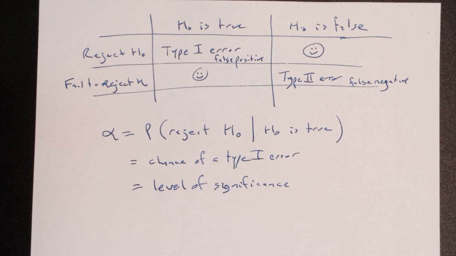Now, clearly, if this is a probability, what do I know about this as a number? What do I know about every probability as a number?